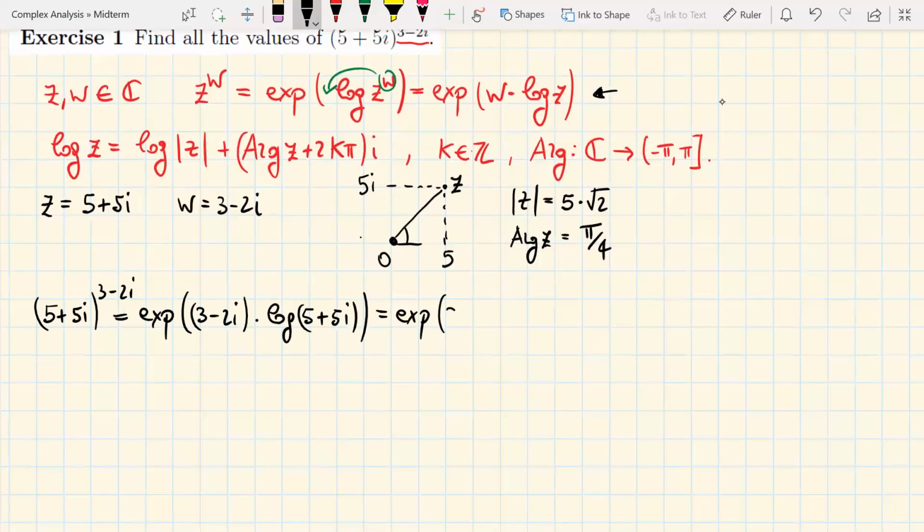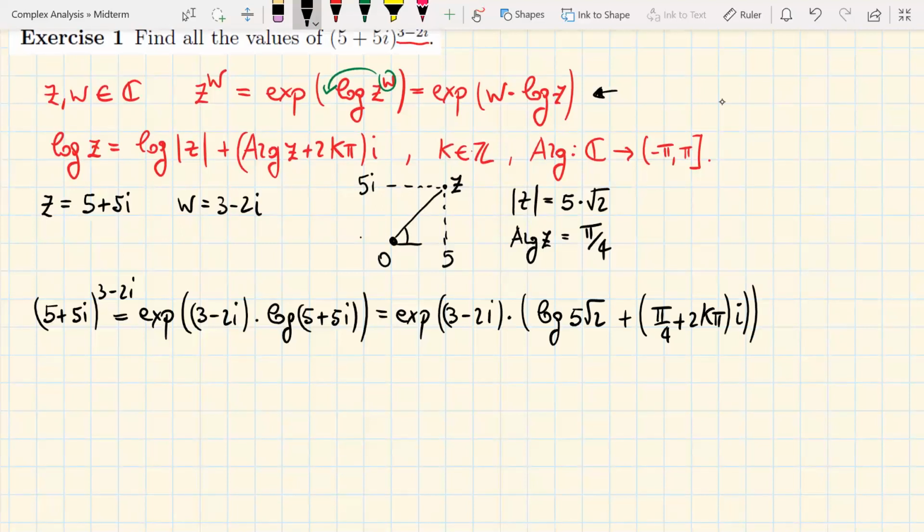This is again (3 - 2i) times the logarithm of the norm of z plus (π over 4 plus 2kπ) times i.